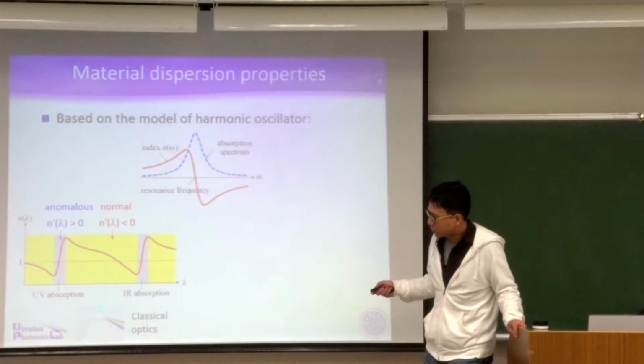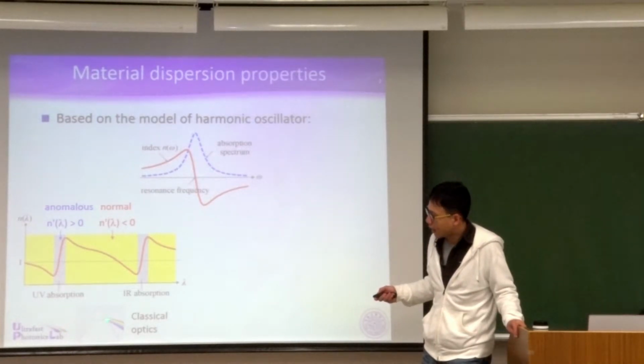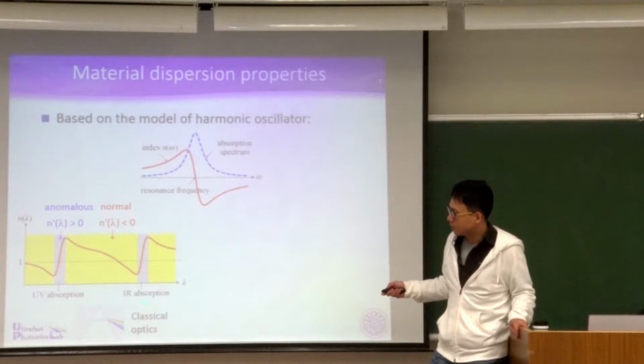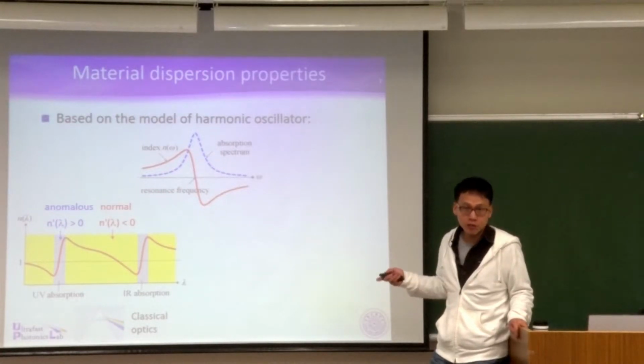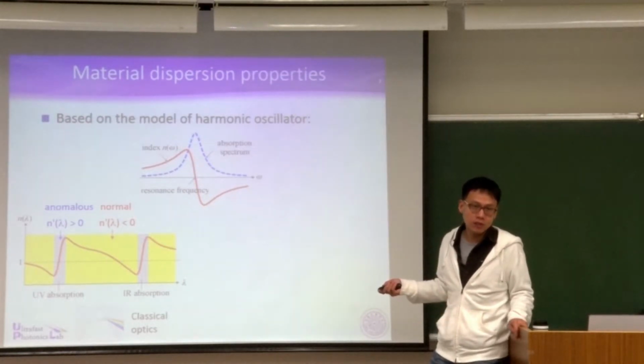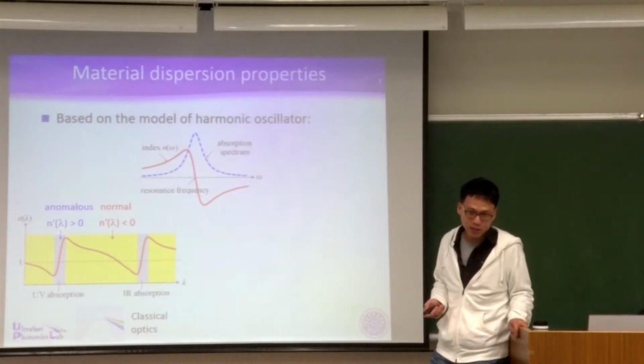Because like this picture, this is a prism, right? If you shine a white light, like sunlight, through the prism, you got a rainbow outside, right? And the order of colors of this rainbow depends on the dispersion sign of this prism. Usually this is normal dispersion, so you will have red color first and blue color last.